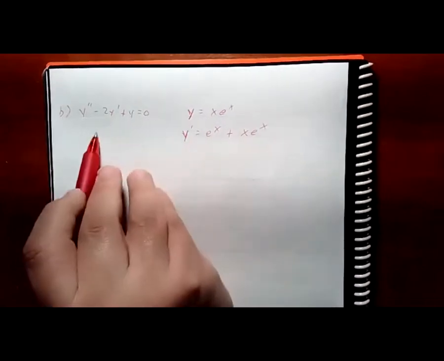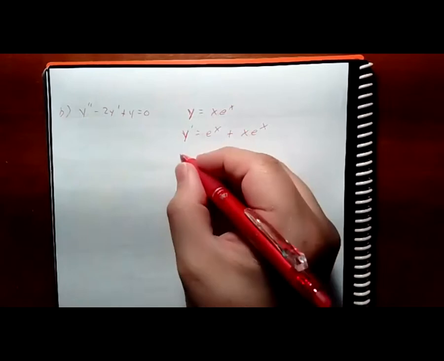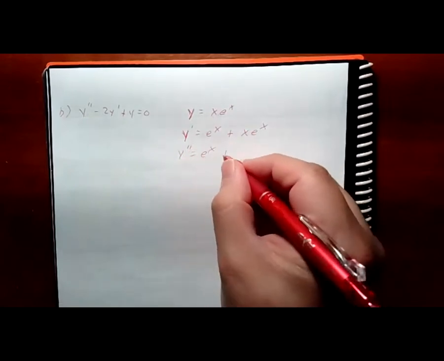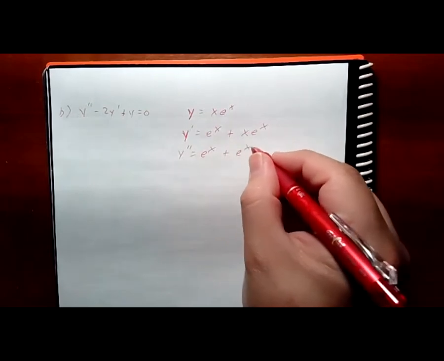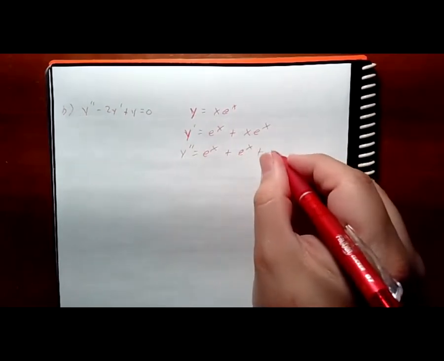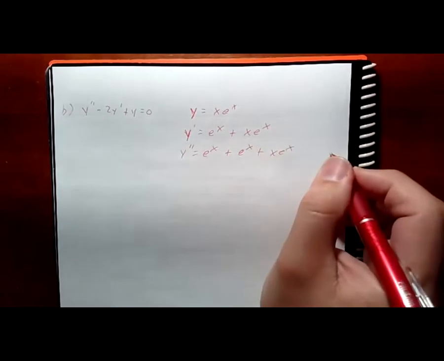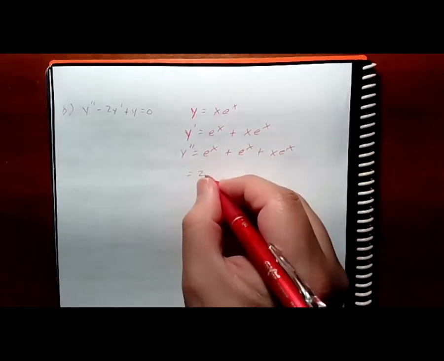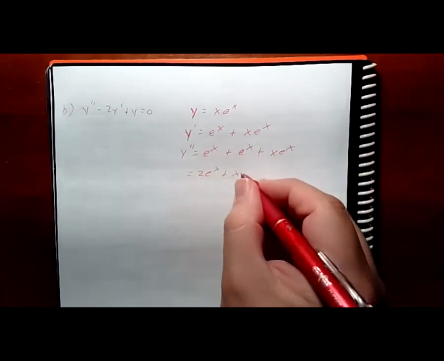We're going to need the second derivative as well. It's right there in order to verify. So this would be that plus this and this, which would be 2e^x plus xe^x.